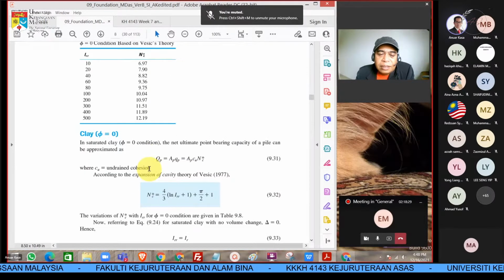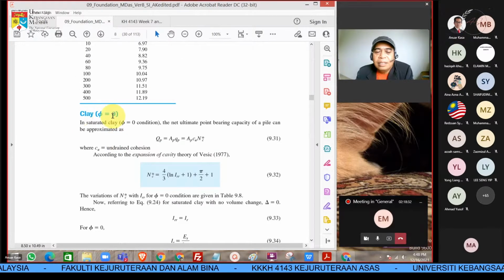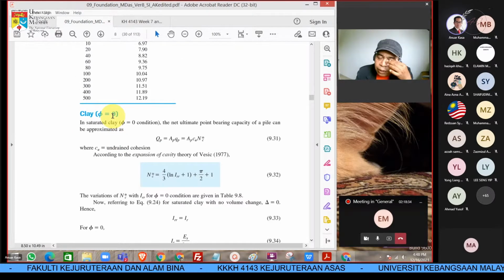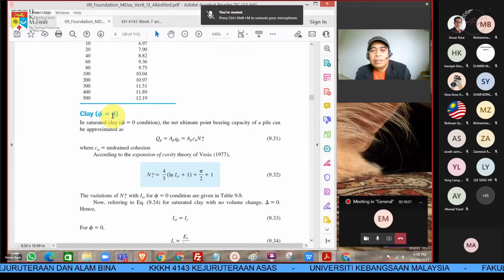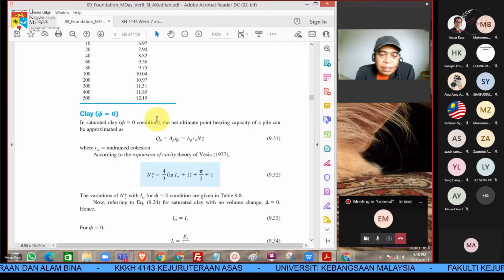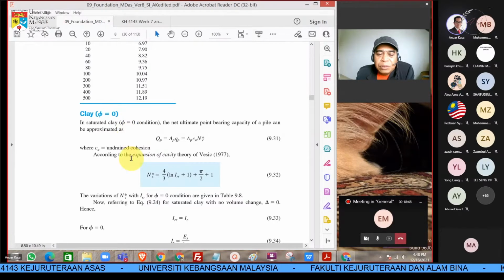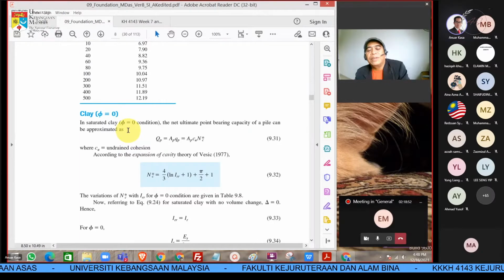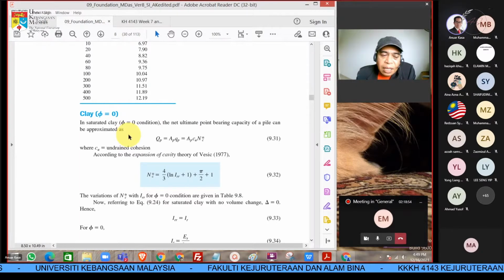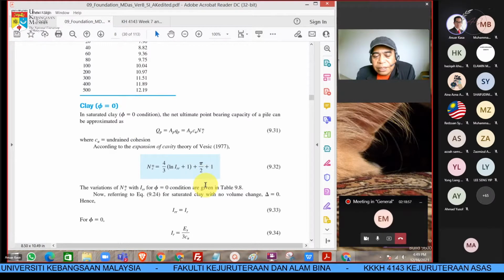For clay soil, we assume phi equal to 0, or internal angle of friction equal to 0. That is for clay. So we can get this equation for NC.